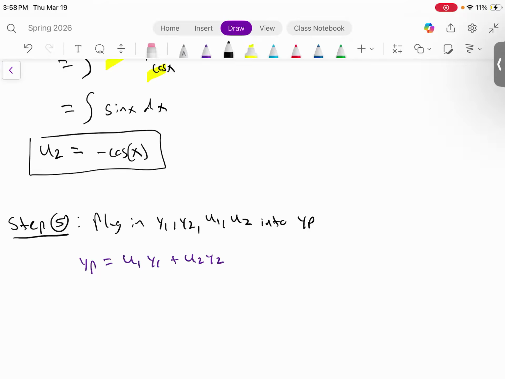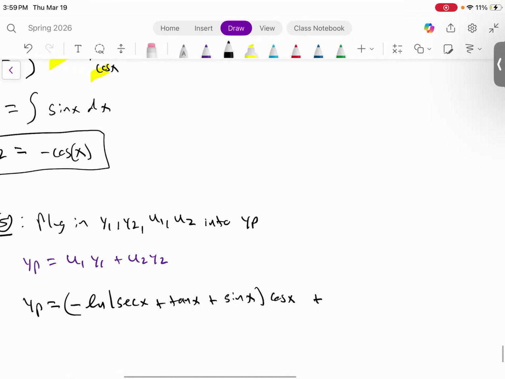And so if we plug in all our components, we get negative natural log absolute value of secant x plus tangent x plus sine x times y1, which is cosine of x, plus negative cosine of x times sine of x.